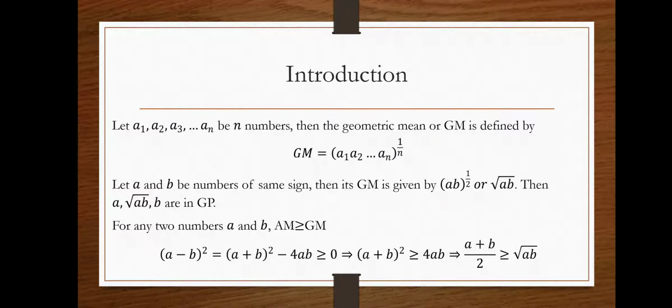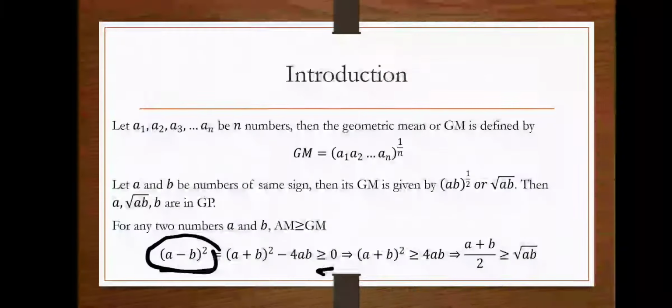Now, we start off with a minus b whole square. Now, a minus b whole square is something which can be written as a plus b whole square minus 4ab. Now, as I have started off with the square of a number, I know the square of any real number is always greater than or equal to 0. So a plus b whole square minus 4ab is definitely greater than or equal to 0.